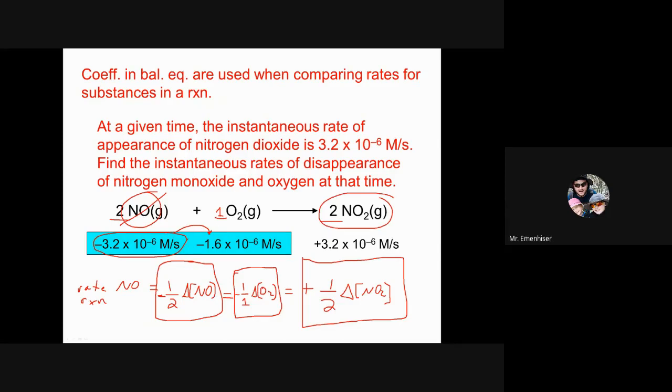If I take this guy and divide it by 2, then I get that guy. So yeah, that is right. Okay, I'm just confusing myself, I guess. So since the O2 only has a 1 on its coefficient, this guy will be twice this guy.